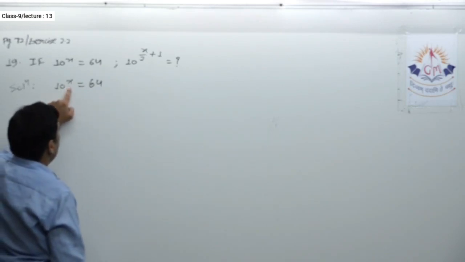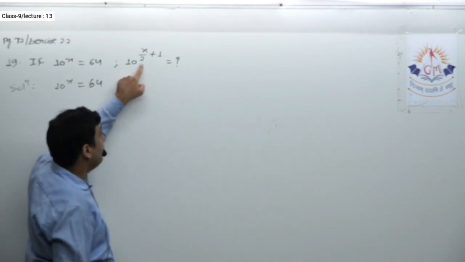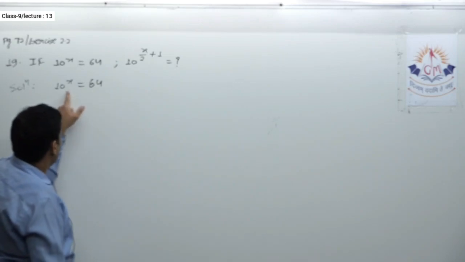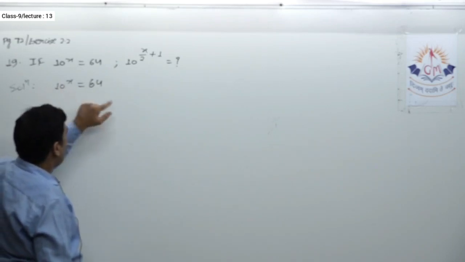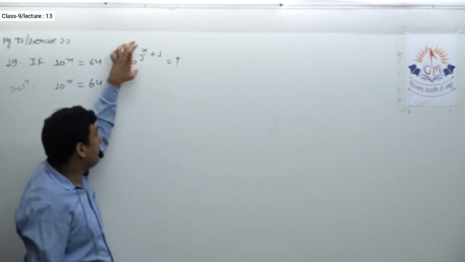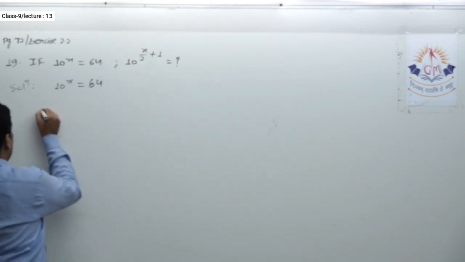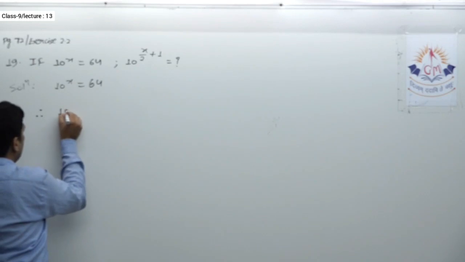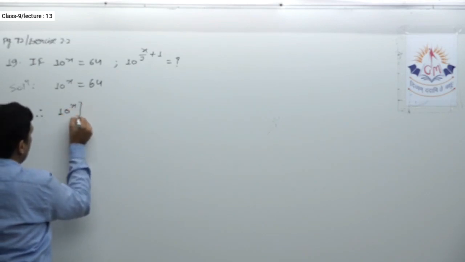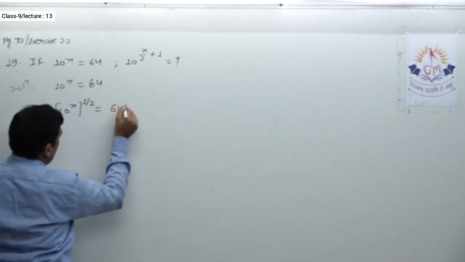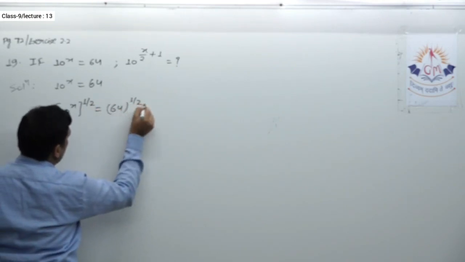See, here I have 10 raised to x equal to 64, and here I have 10 raised to x by 2. That means if I take power 1 by 2 on both sides, I do get some part of this expression whose value I need to find. So I write 10 raised to x, raised to 1 by 2, is equal to 64 raised to 1 by 2.